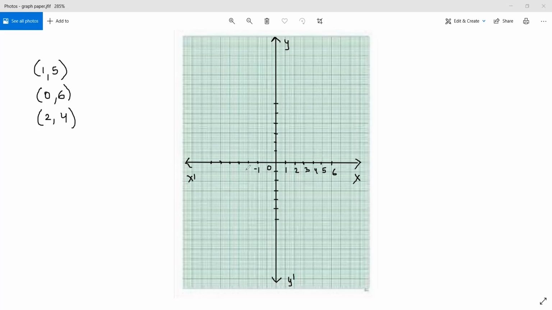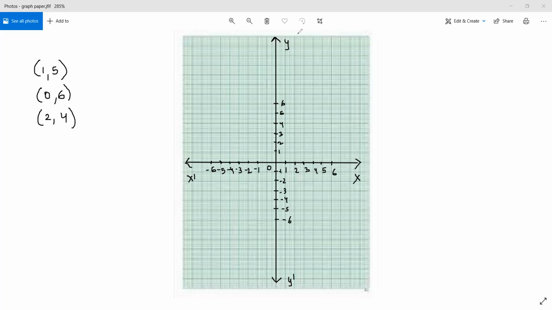This side, negative numbers, -1, -2, -3, -4, -5, and -6. Upwards, positive numbers, and downwards, negative numbers. -1, -2. Be careful while writing the coordinates. Do not skip any boxes. Otherwise, you won't get the proper point of intersection. You won't get the line also.